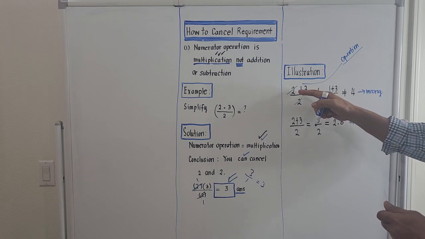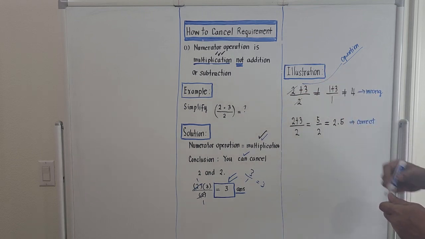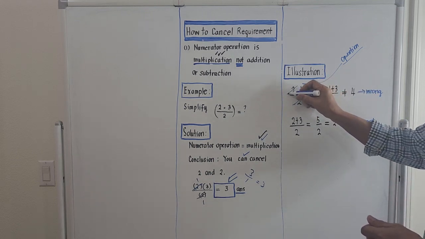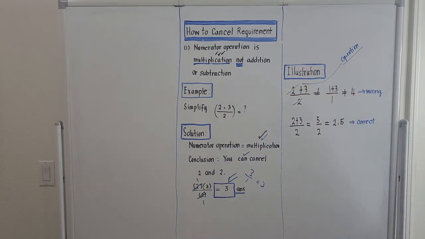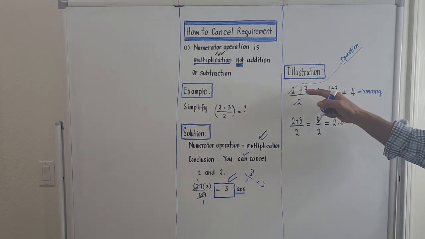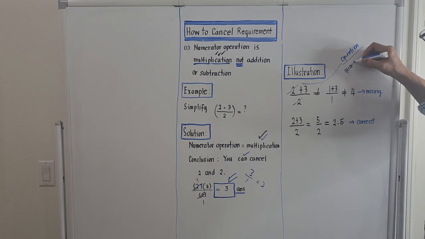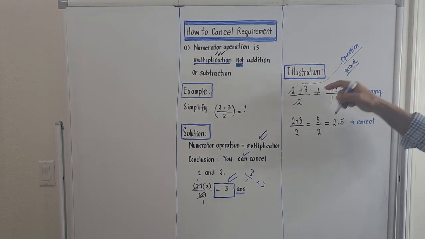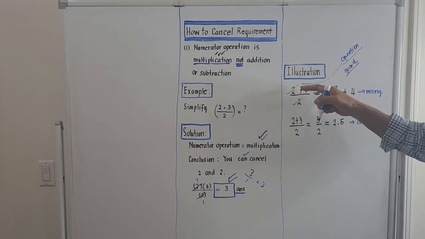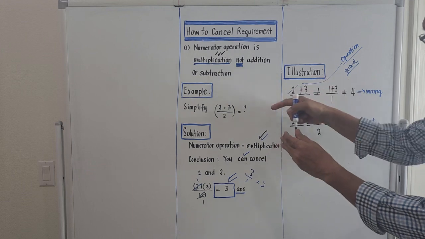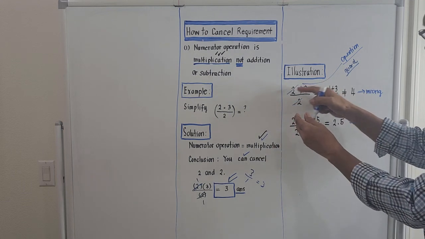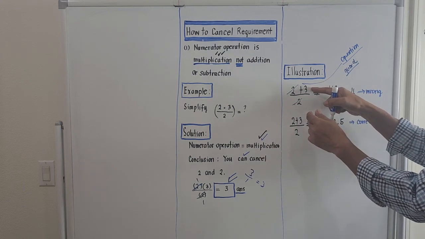If the operation in the numerator is addition, you cannot cancel 2 and 2. Why? This is with the guard. We got a guard. This plus here is guarding this 2 here. You cannot just remove it. It seems this 2 here is attached to this 3.